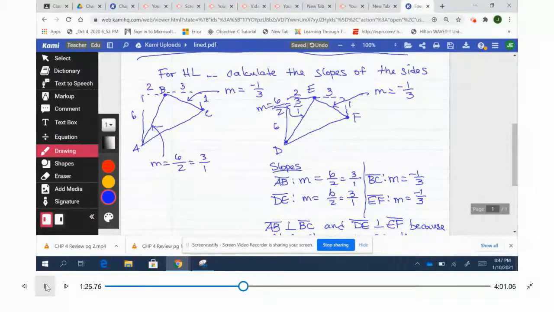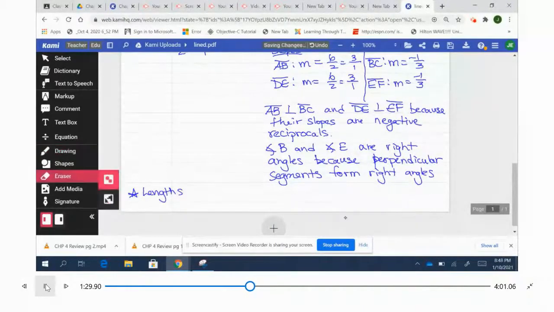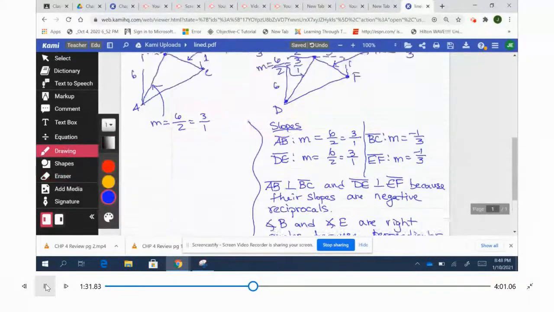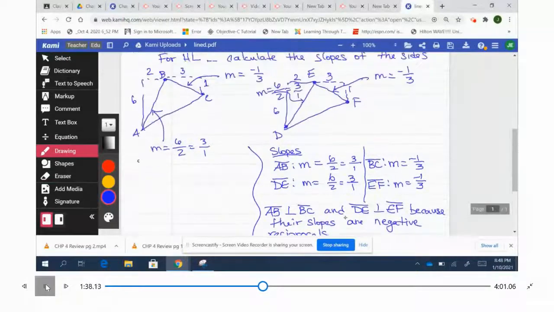And now we can say those triangles are right triangles. I want to go back and make sure I state, yes, those are right triangles because they have a right angle. So this is a step that's kind of necessary. That right triangle bit is because I'm going to use hypotenuse leg. I really should establish that they're right triangles first.